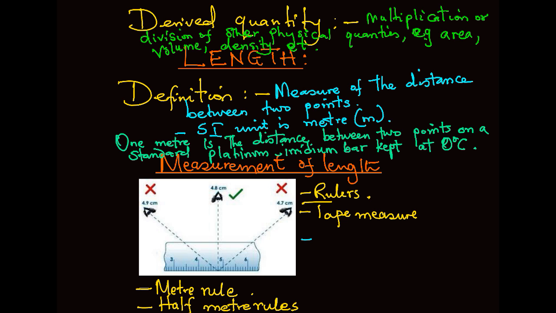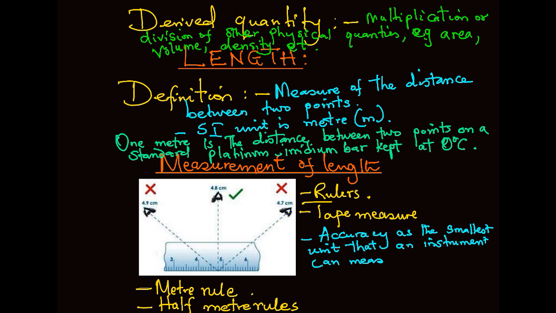We define accuracy as the distance or the smallest unit that an instrument can measure.